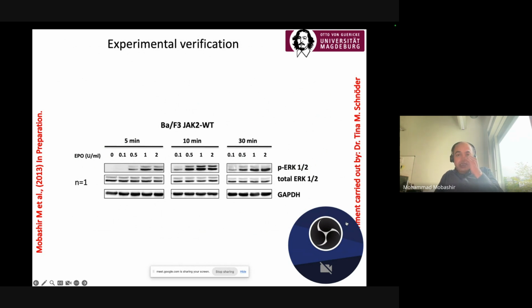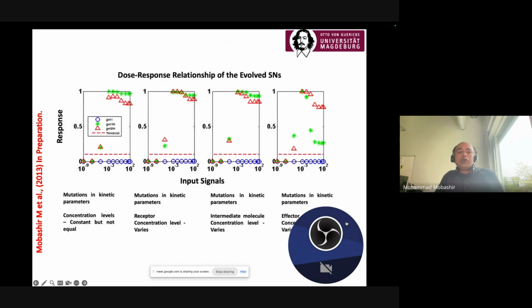And finally, this is experimental validation for the partially activated phospho ERK, like, let's say, single phosphorylated ERK, just to justify. I will not say it is accurately justifying our computational prediction, but it is somehow showing closer to our work. Next is the dose response relationship for all four systems.